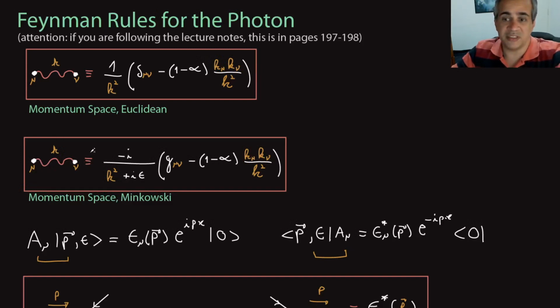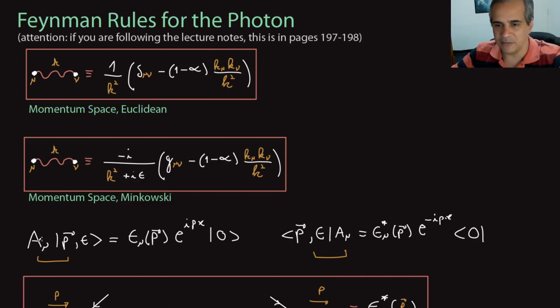As for the external legs, we can do a heuristic approach like we did with the fermions, and see that any initial state will have to be annihilated by a field operator acting on the vertex. So any incoming photon will have to be annihilated at a vertex and then continue to whatever interaction we propose, right? And that field carries an index nu.